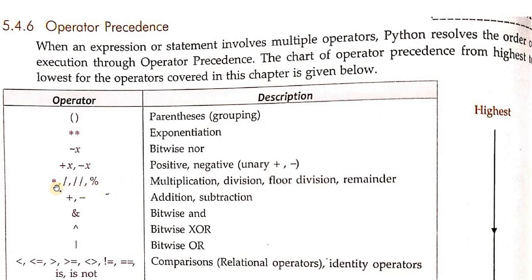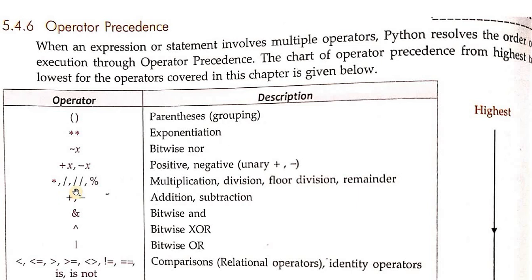So look here, asterisk and the other arithmetic operators have the same level of priority. Whichever appears on the left executes first, meaning it evaluates left to right. For example, suppose asterisk is placed first and then division, so asterisk will be evaluated first and then the division.